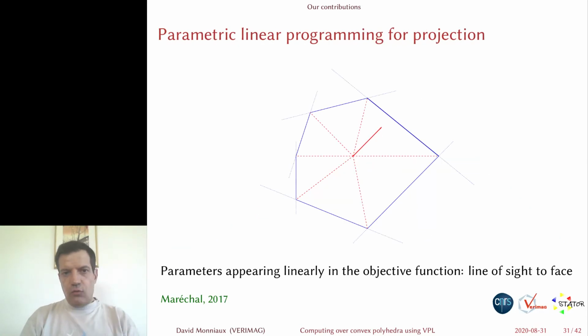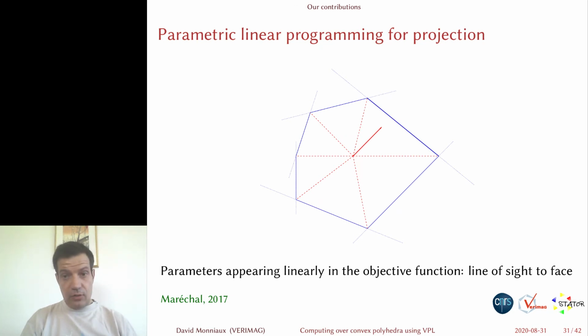Another thing is that we replace Fourier-Motzkin elimination by parametric linear programming for doing projection and convex hull. This is a bit more difficult to explain, but essentially you can show that computing a projection is equivalent to performing parametric linear programming in the dual of the problem.